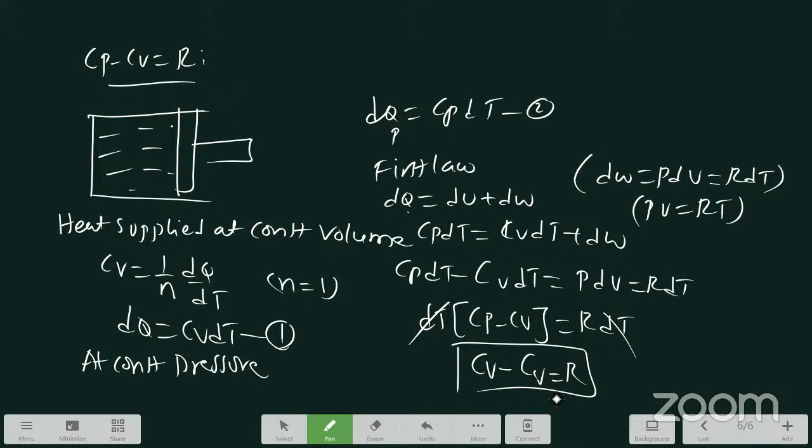The second one is the short method: derive the relation between molar specific gas constant, Cp minus Cv equals R. Now, up to now, how many LAQs and how many SAQs have I finished? I'm writing on the board, including problems. In total 4 LAQs you are reading.